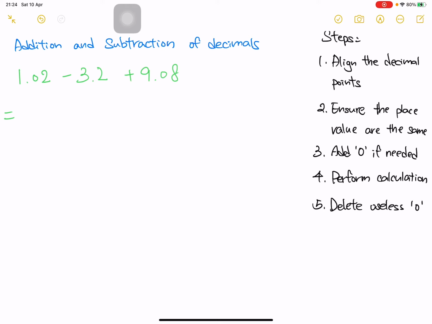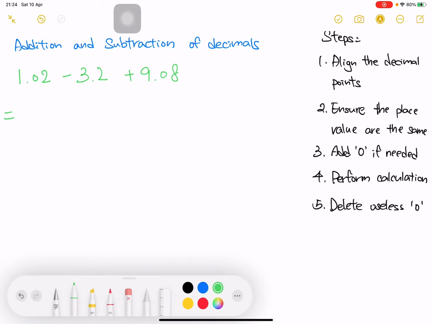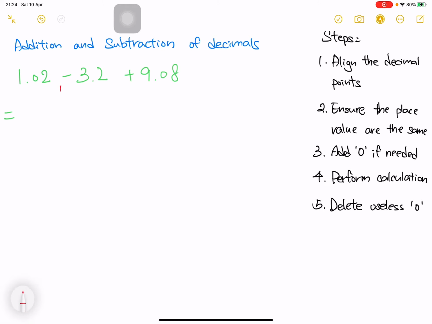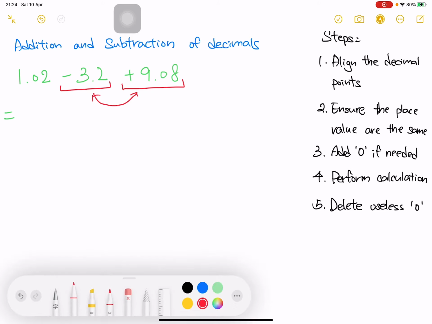If you see that the second number is bigger than the first one, you have to change it to the addition first before you do the calculation.